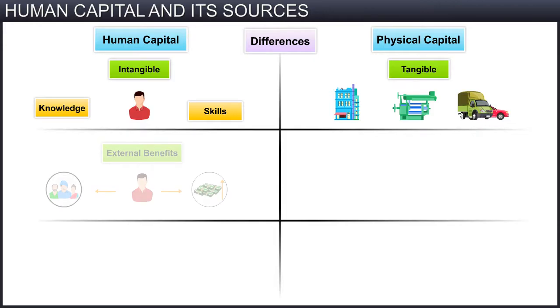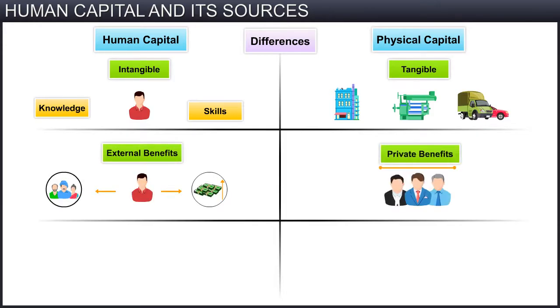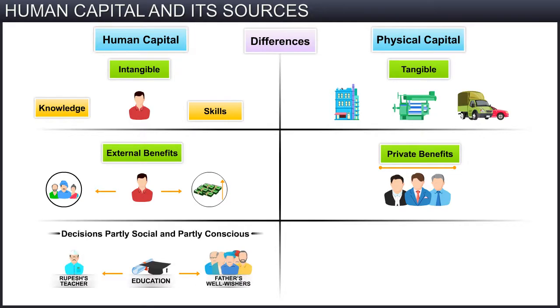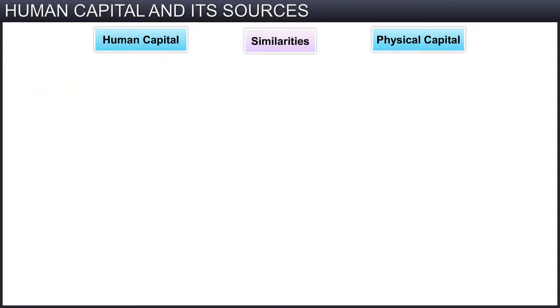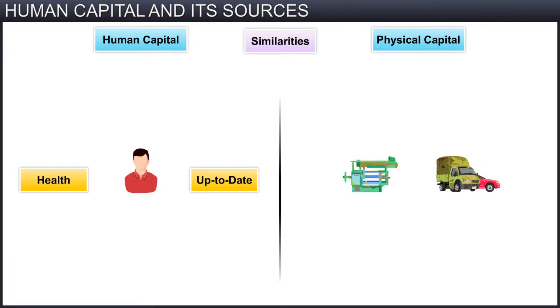Human capital has external benefits, whereas physical capital has private benefits. Human capital decisions are partly social and partly conscious, whereas for physical capital, the decisions are technical and economical. The main similarity both kinds of capital share is that they both depreciate over time.